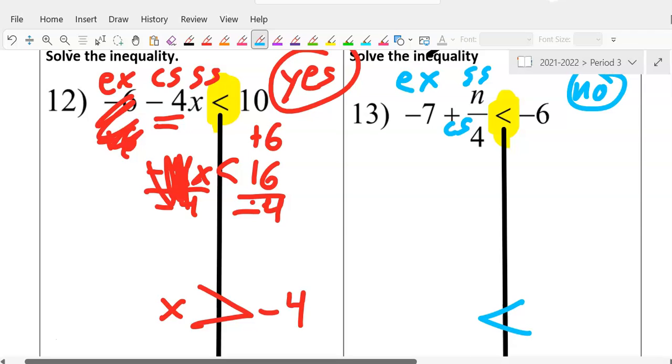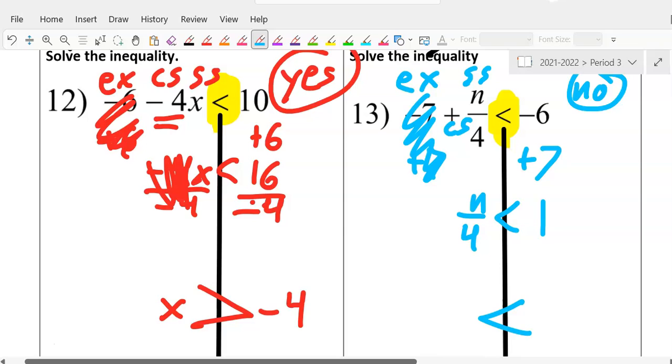First step, we're going to add 7 on both sides. The 7 is gone. N over 4 is less than positive 1, because it's 7 good guys and 6 bad guys.